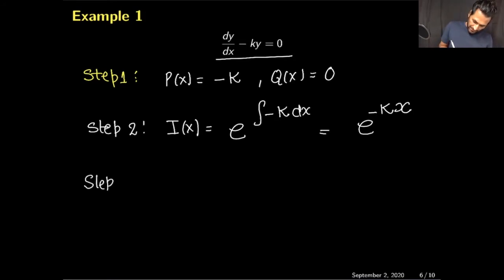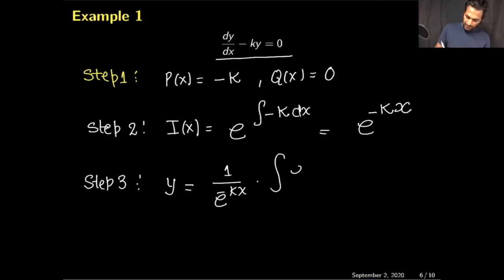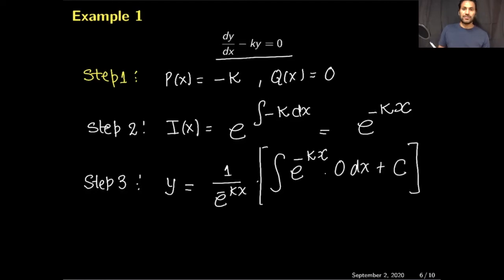Now we will move to step number 3. In step number 3, we will write down the general solution as 1 over the integrating factor, which is e to the power minus kx, times the integration of the function e to the power minus kx, in parentheses, times q(x), which is a 0 function, dx, plus a constant of integration c.